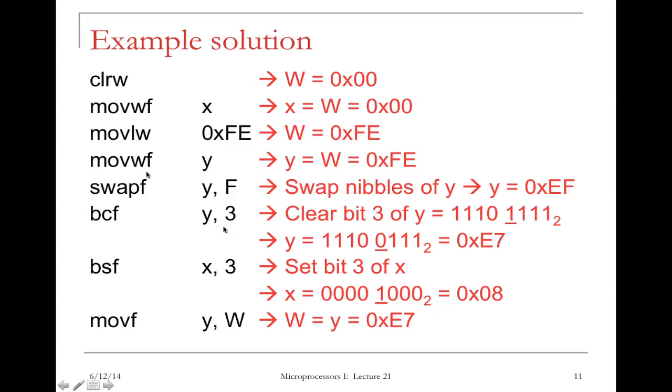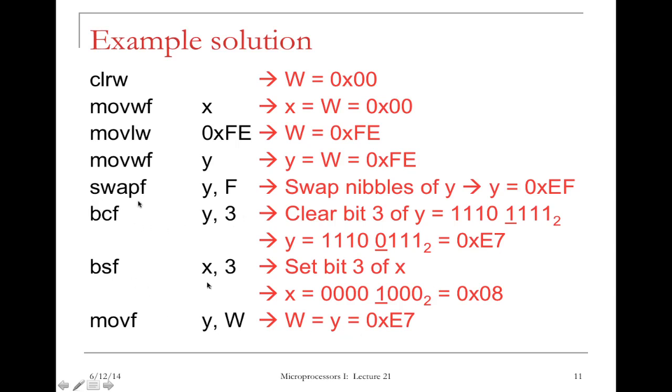BCF Y, 3. We're going to clear bit 3 of Y, and if we write down the initial value of Y in binary, this is 1110 1111, and we clear that, so this 1 will now become 0, so the result is E7.